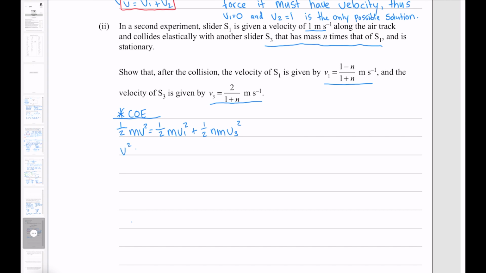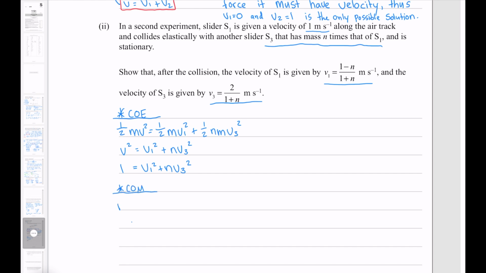Dividing out our half mass, and now noting that our velocity is 1 initially, we can rewrite this as 1. Now, to get this into an equation entirely in terms of V1 and n, I need to substitute out my V3. To do that, we're going to need more information, specifically from our conservation of momentum.